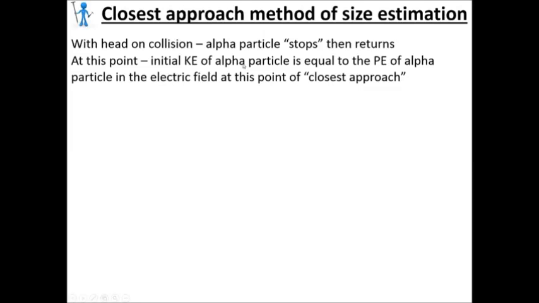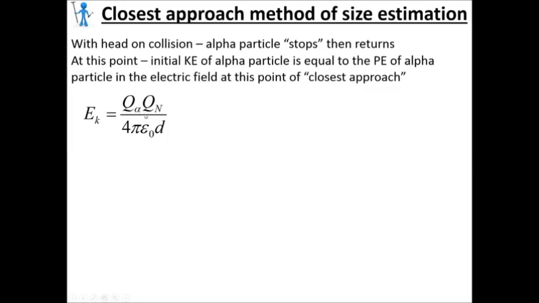And what we mean by that point is the distance of closest approach. So using some formulas that we've met before on the A-level course, the kinetic energy of the alpha particle is equal to the electric potential formula, multiplied by the other charge on the alpha particle. So this is the electric potential energy of the alpha particle at this point.